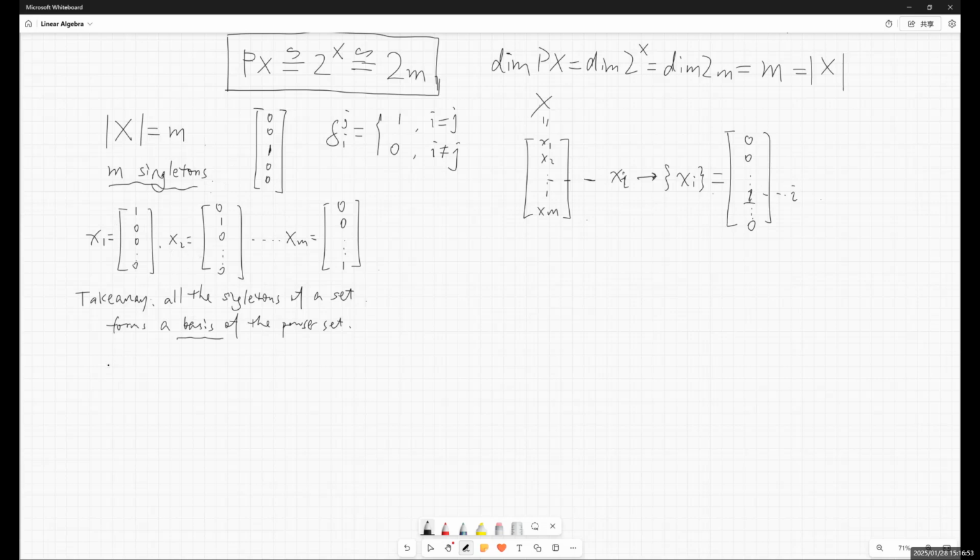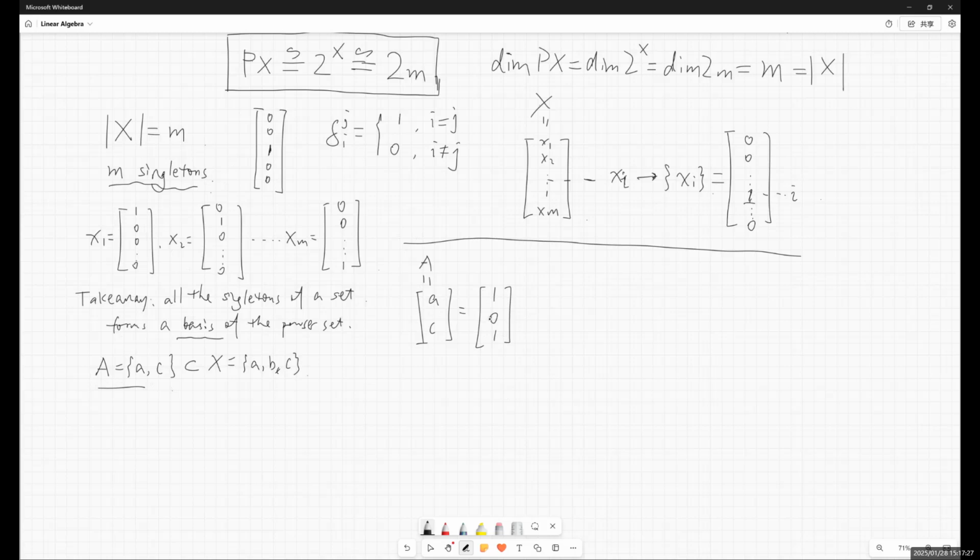If we have a subset called AC, which is a subset of X equals A, B, C, for example, AC can be written as 1, 0, 1.